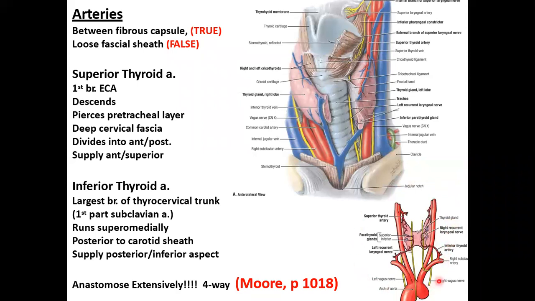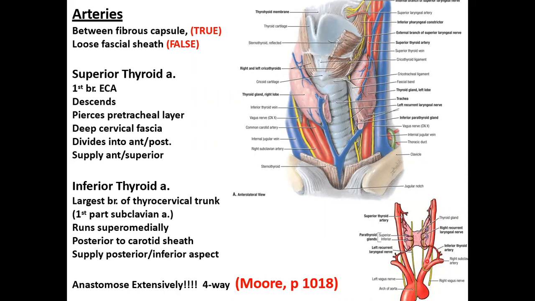So looking down here, you can see here's the arch of your aorta. And then here's your brachiocephalic trunk splitting into subclavian and, hold on, this is backwards. That's brachiocephalic. Oh, because we're on the posterior aspect, okay. So here's your brachiocephalic trunk. Here's your right subclavian with the thyrocervical trunk and then inferior thyroid artery.